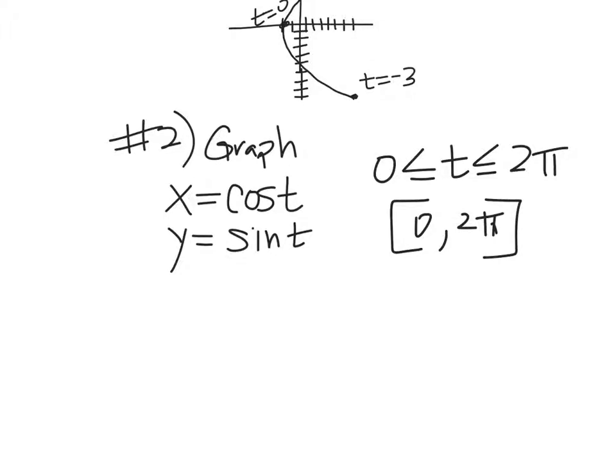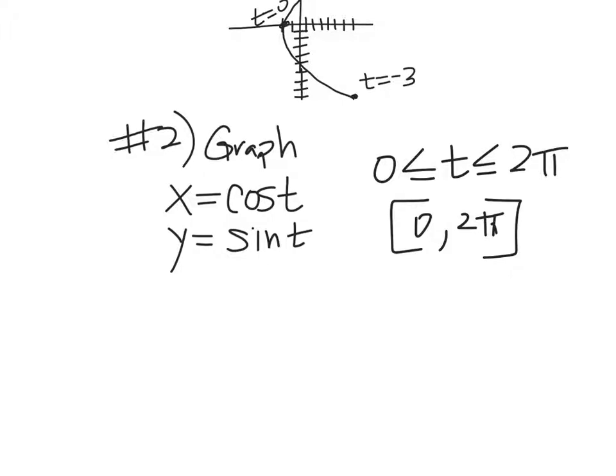That's why you want to be in radian mode, because these are in radians. If you were in degree mode, graphing from 0 to 2 pi, it wouldn't look right. So let's do it. Here we go. Let's graph it. So y equals cosine t and sine t.